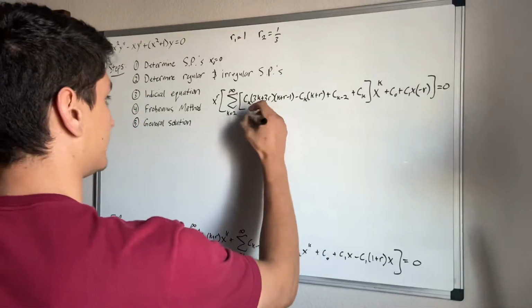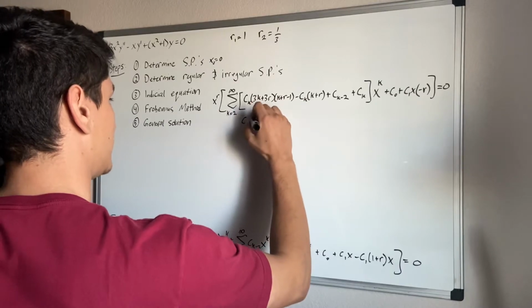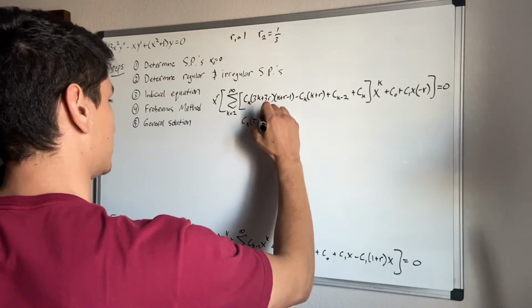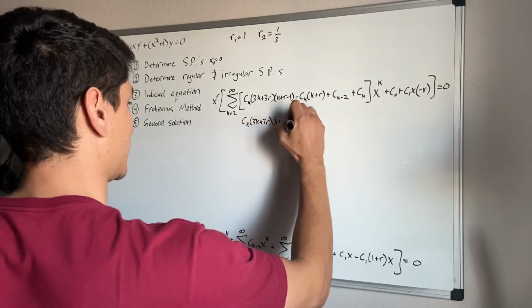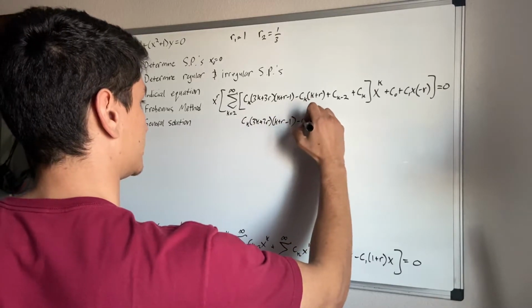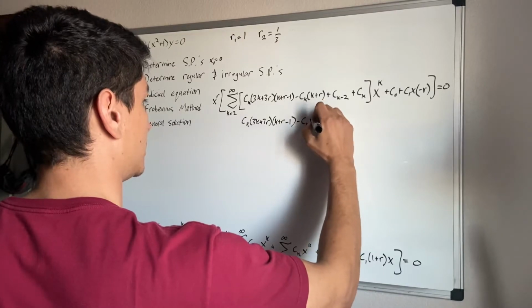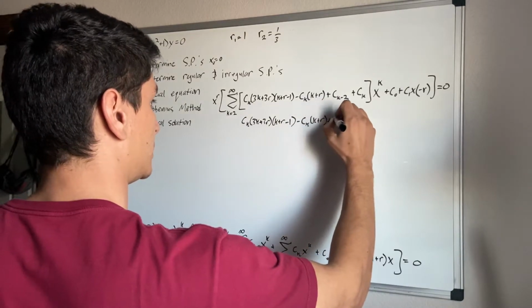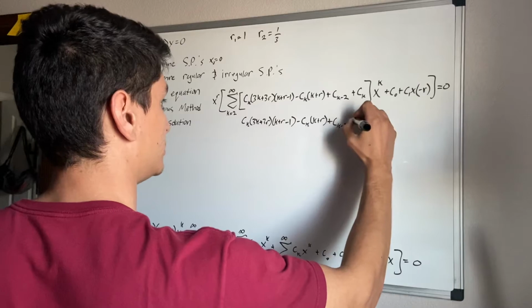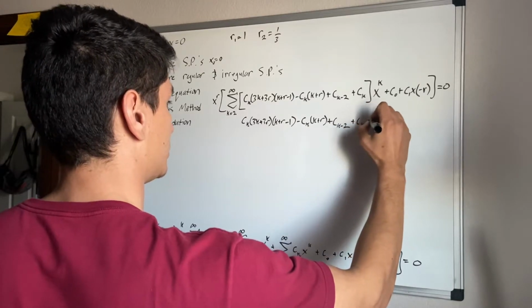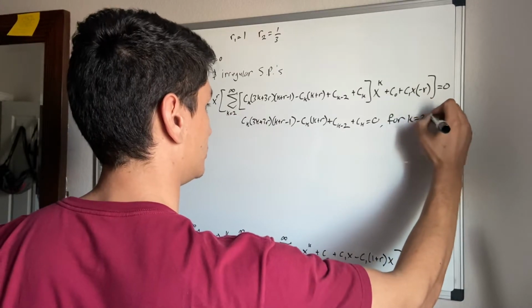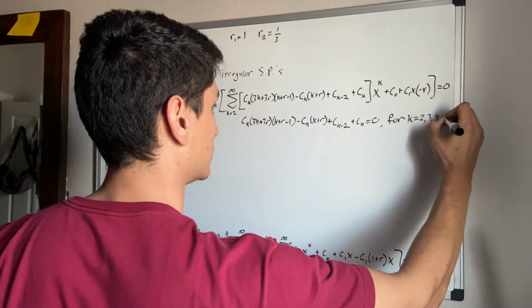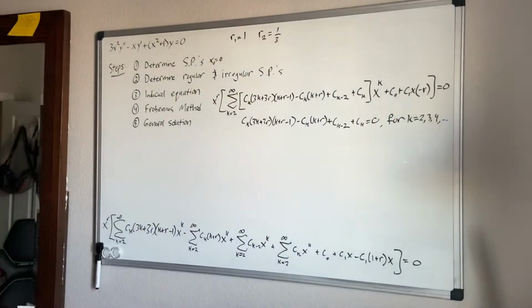So it's going to be C sub k, 3k plus 3r, k plus r minus 1 minus c sub k, k plus r, plus c sub k minus 2 plus c sub k equals 0, for k equals 2, 3, 4, dot, dot, dot, all the way to infinity.